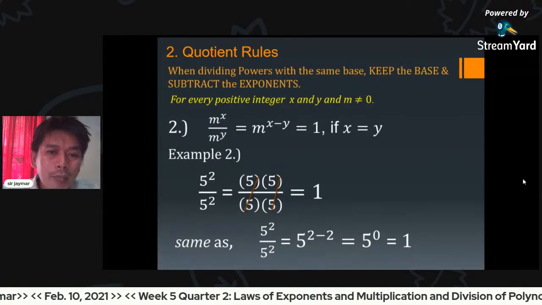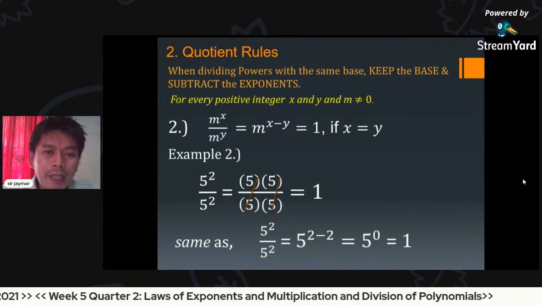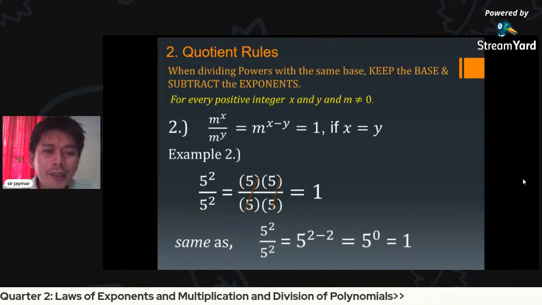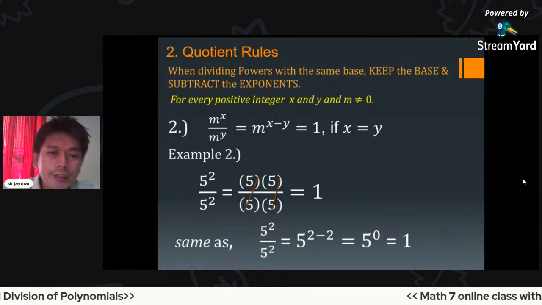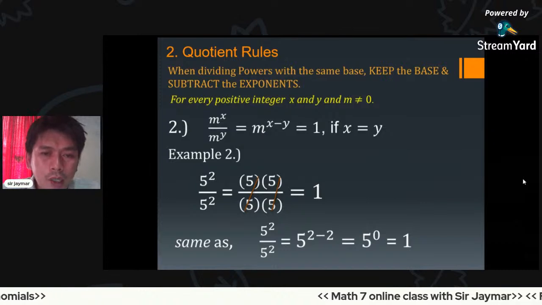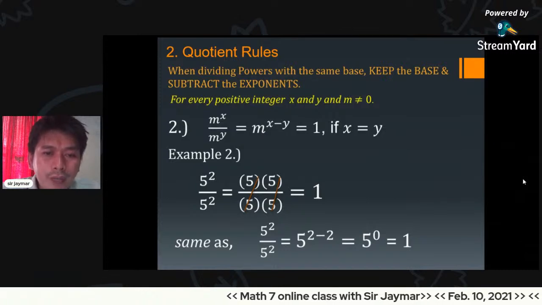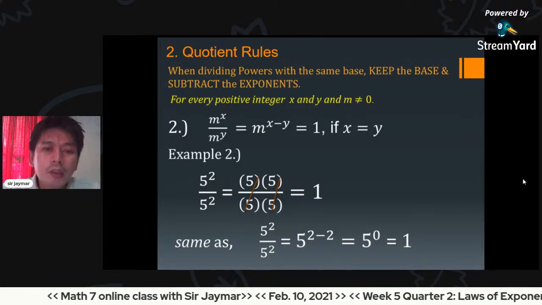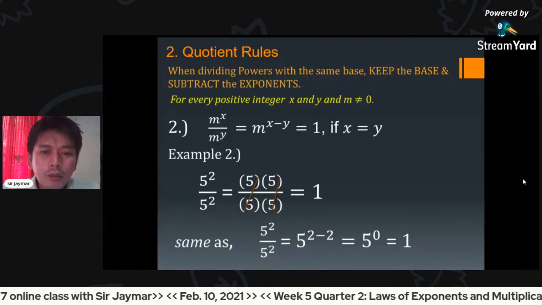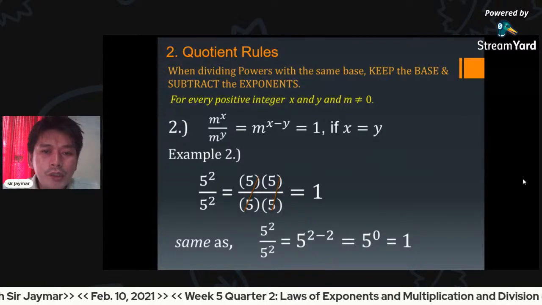So there is no remaining number from numerator and denominator. So it will become 1 divided by 1, or equal to 1. So the same number divided by the same number is equivalent to 1. So 5 squared divided by 5 squared is equivalent to 5 raised to 2 minus 2, which equals 5 raised to 0 equals 1.